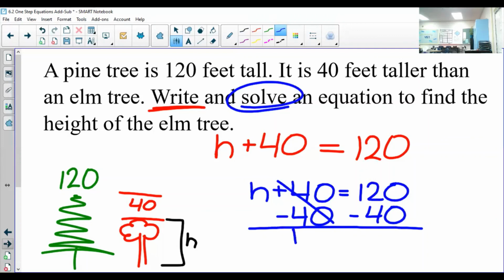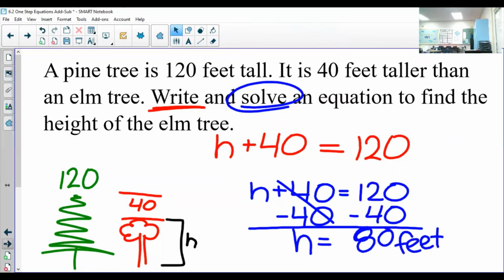All I have left on this side is h equals, well, let's see, 120 minus 40, that's going to be 0. And I know 12 minus 4 is 8. So how tall is my elm tree? It's going to be 80 feet. And there we have answered both parts of the question.